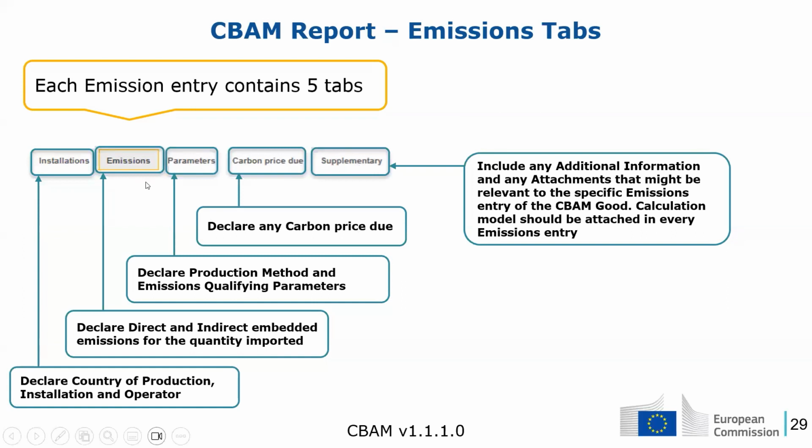Then we have the emissions tab. In this page, we declare the direct and the indirect embedded emissions for the quantity imported. Then we have the parameters tab, where we declare the production method and any direct and indirect emissions qualifying parameters.